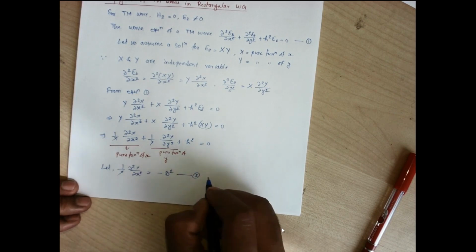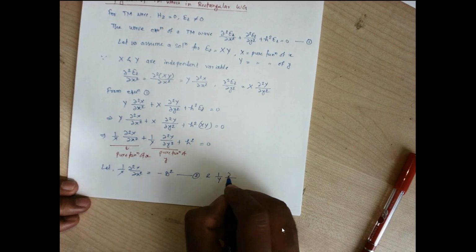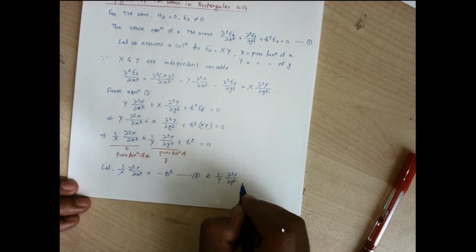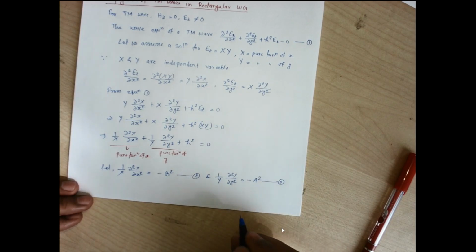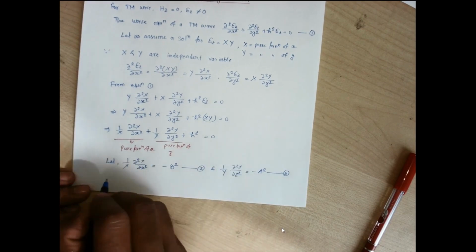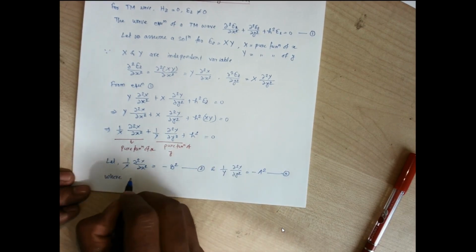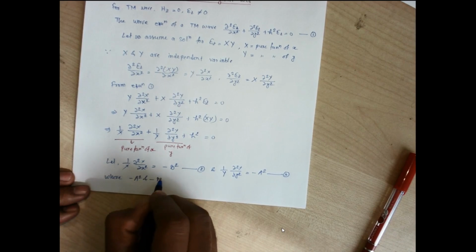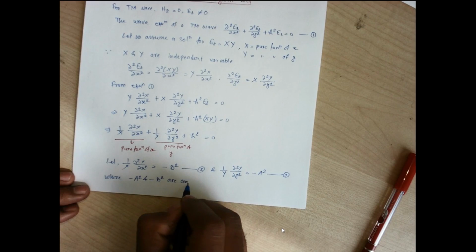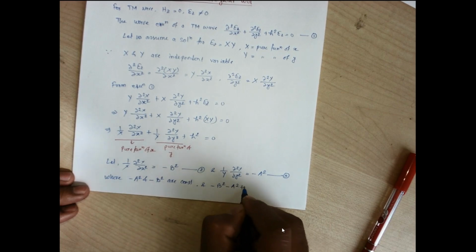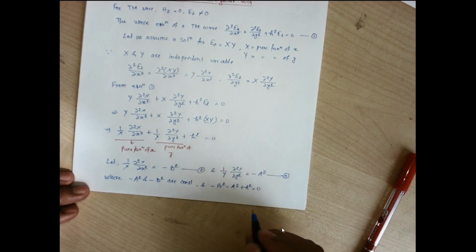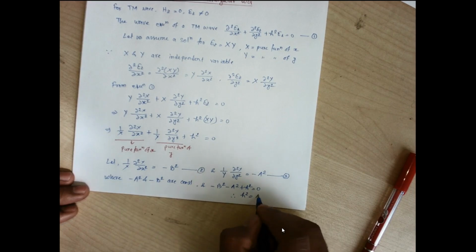Same, 1 by Y del 2Y by del y2 is equal to minus a square, equation number 3. Where minus a square and minus b square are constants, and it is minus b square minus a square plus h square is equal to 0. Therefore h square is equal to a square plus b square.